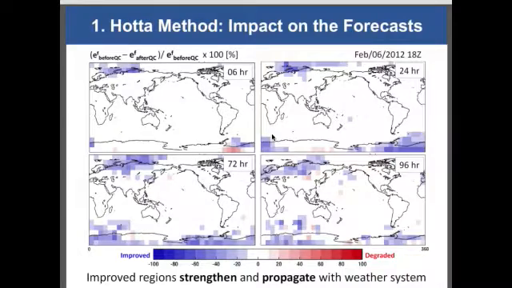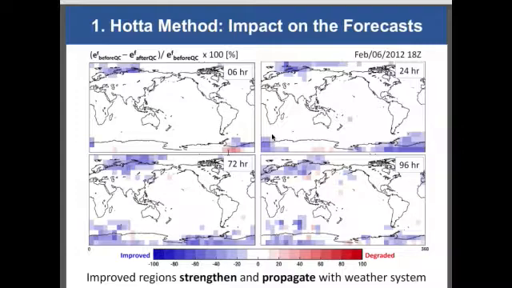So we can see how the forecast improved by rejecting those detrimental observations. The blue here means that the forecast error is improved. Here we can see that the improvement is first located, in the beginning, near where we reject those observations. And we have a slight degradation here, but it goes away really quickly.